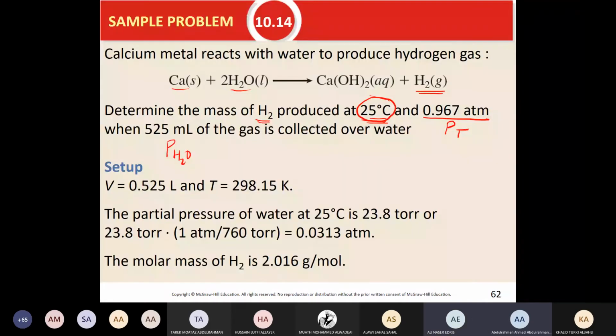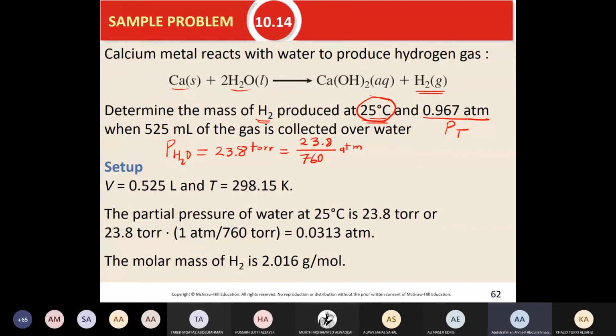23.8. So I'll write here 23.8, divided by 760. Can I change it to atmosphere? Yes, by dividing by 760 to make it atmosphere.